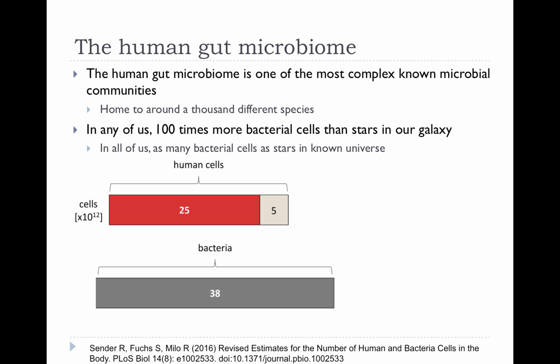If you exclude the red cells, then we've got 5. But either way, there are still many more bacteria, 38 times 10 to the 12 bacteria is the estimate, than there are human cells. And if we exclude the red cells, then, not quite 10 to 1, but something like 8 to 1 in favour of bacteria.